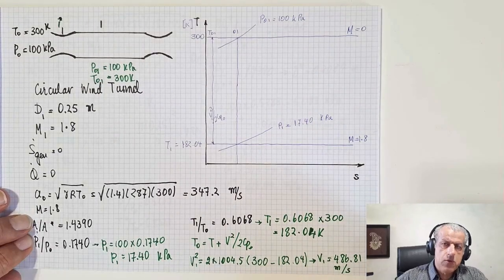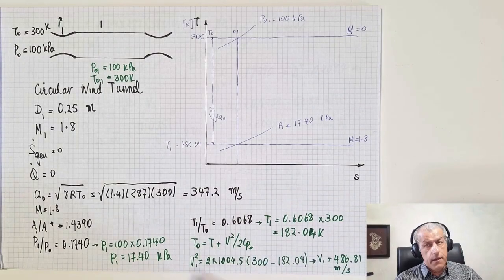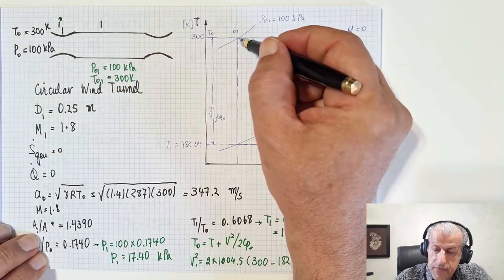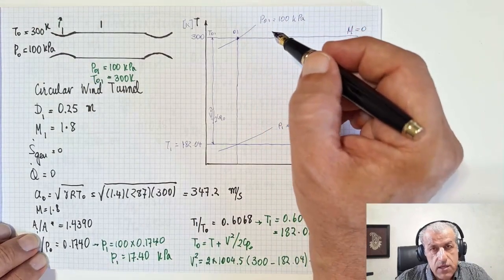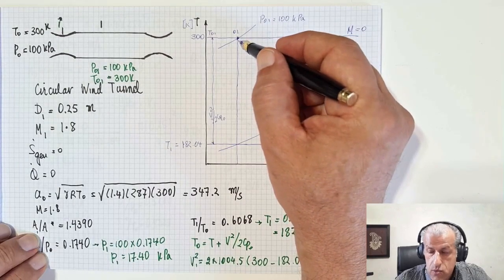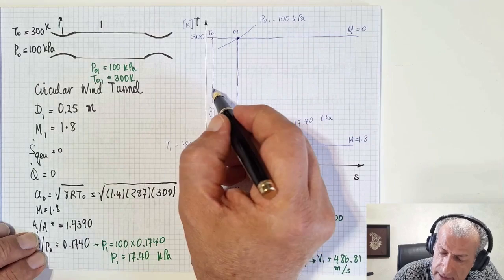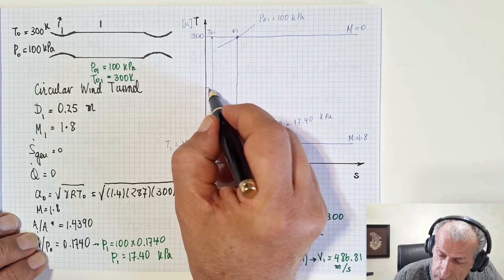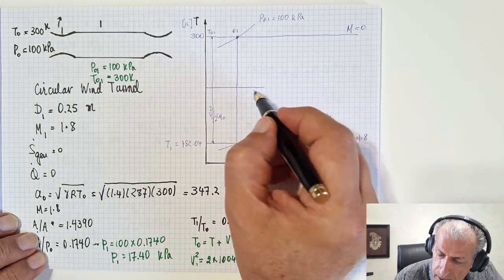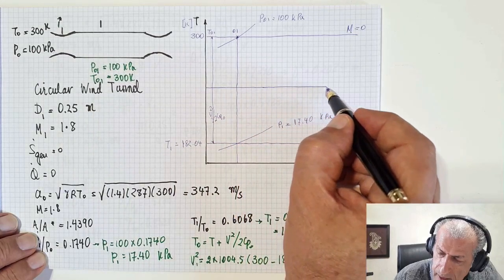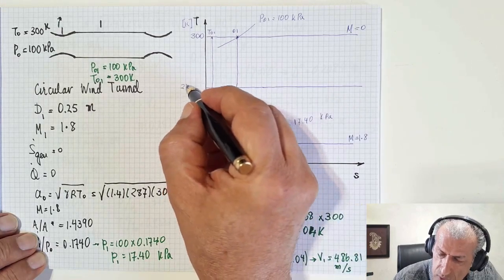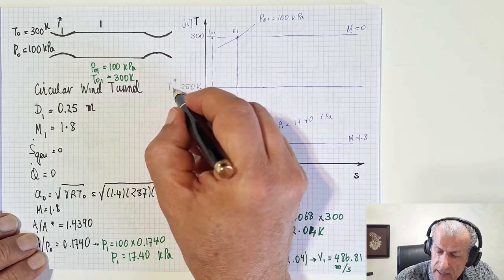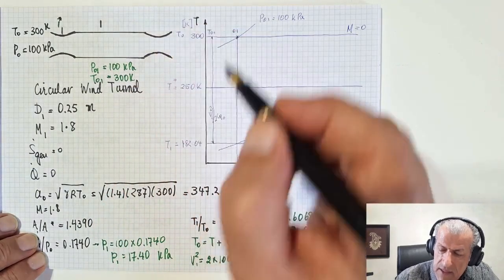We will also show all these values on the T-s diagram, and it will be very informative. You see, the flow started at this point, the stagnation conditions, continued through an isentropic path, and at some stage, like say here, the flow reached 250 Kelvin. This is the T star. T star equals 250 Kelvin. T0 is this one.